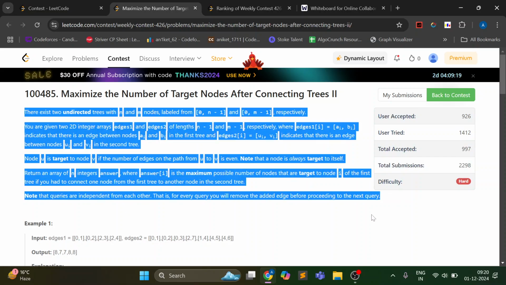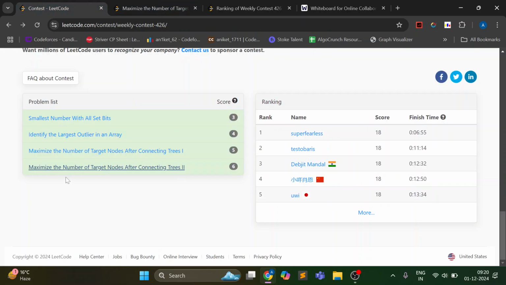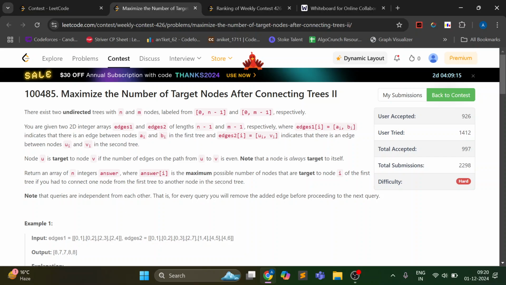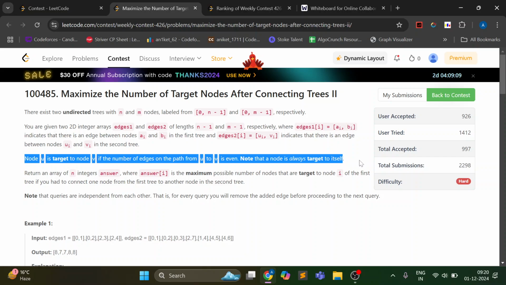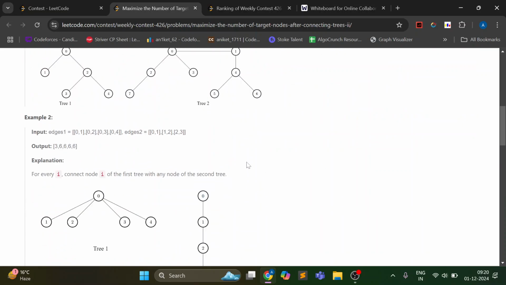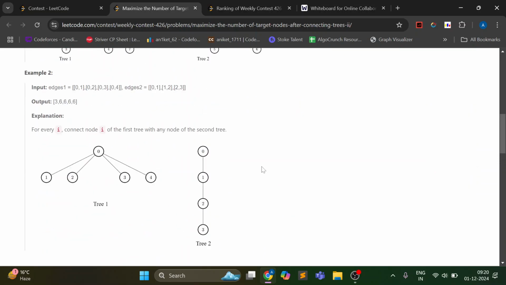So this question is similar to the third one, just the second part of that question. But here we are given that the condition of target changes and there is no k input. K is not an input here.